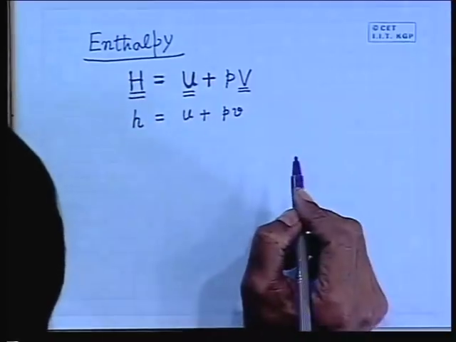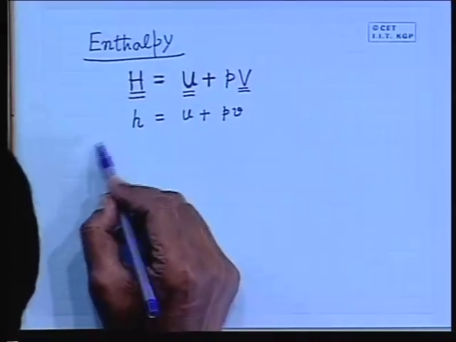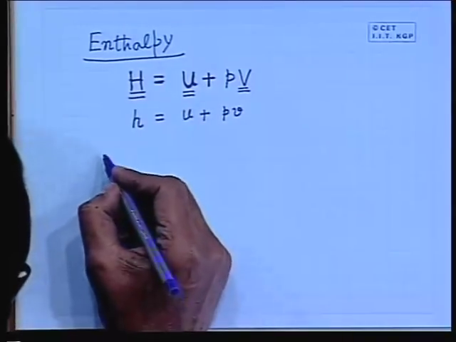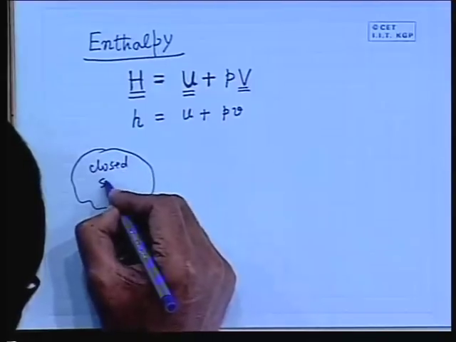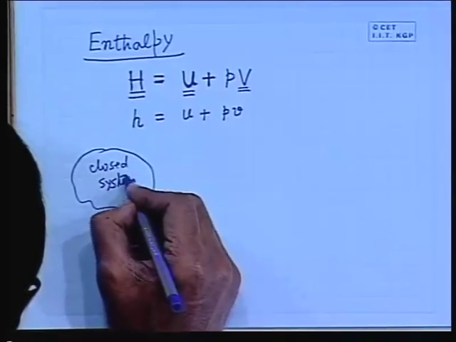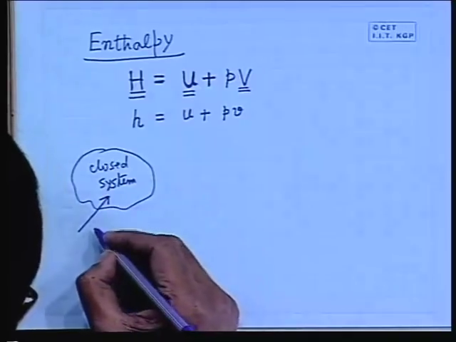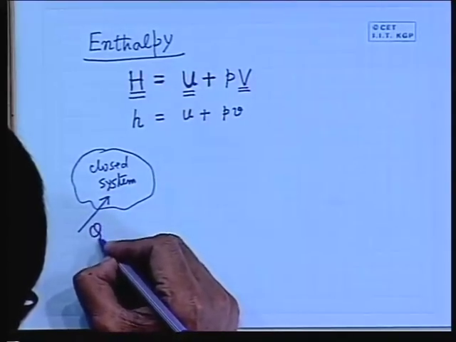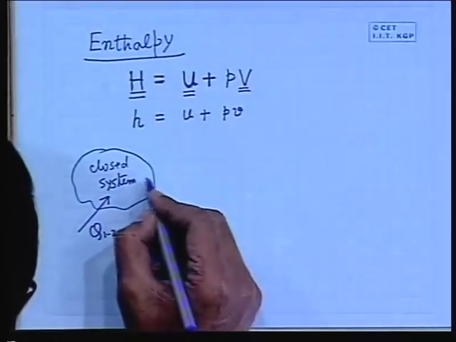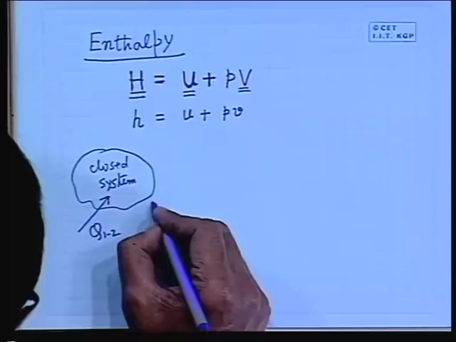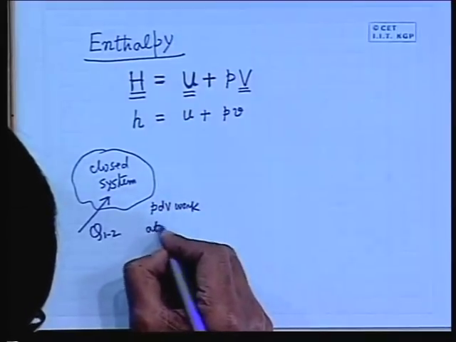Now with this definition of enthalpy, let us find out one small problem: a closed system receives some heat from outside, performing a process from state 1 to 2, and is doing PdV work at constant pressure.